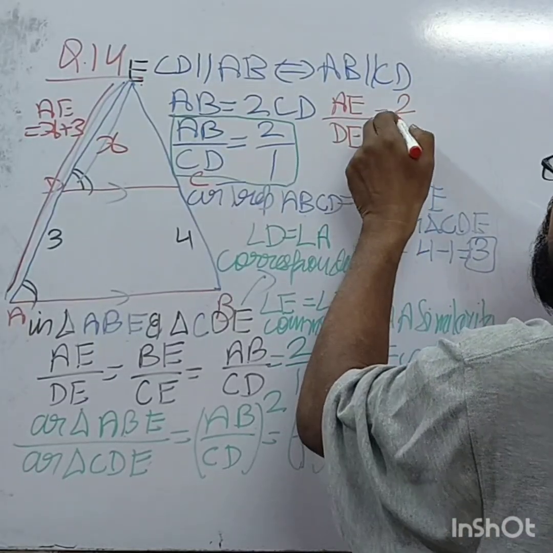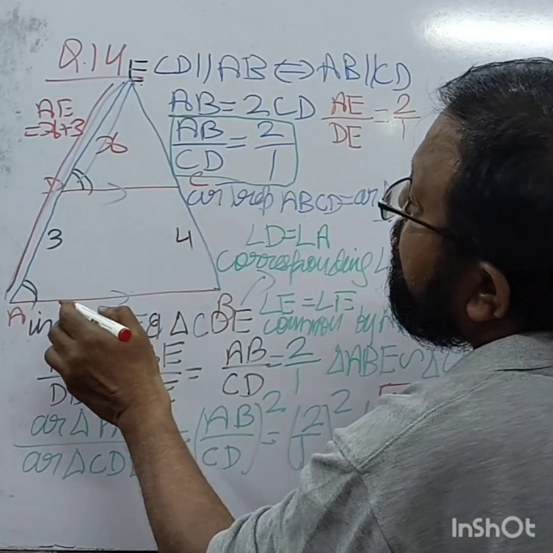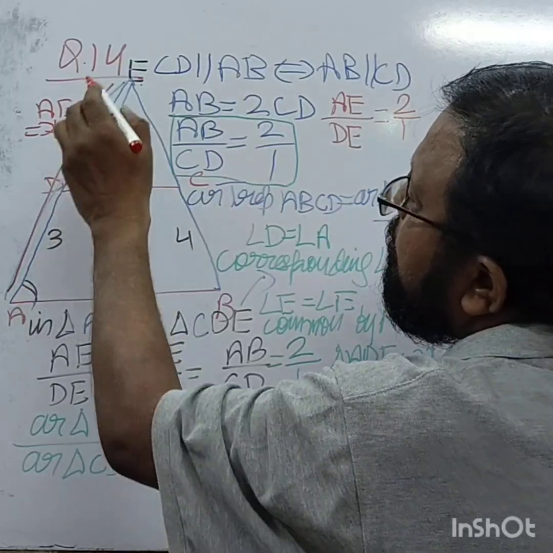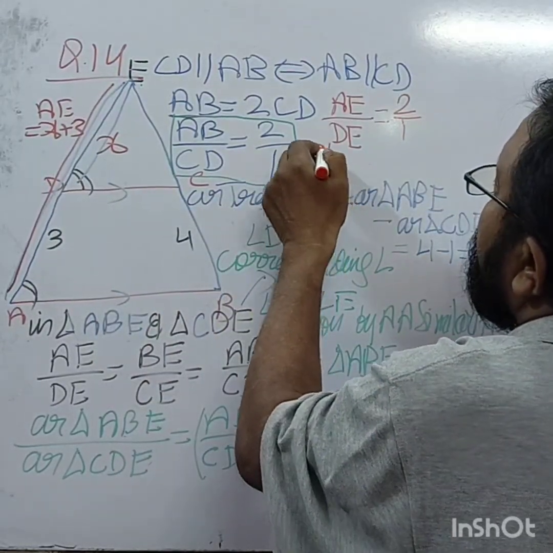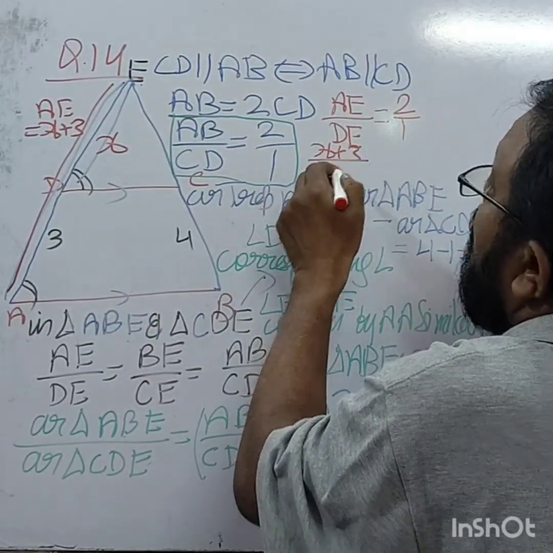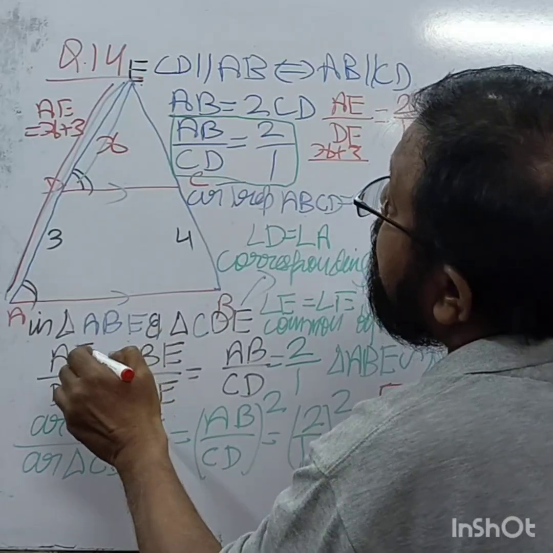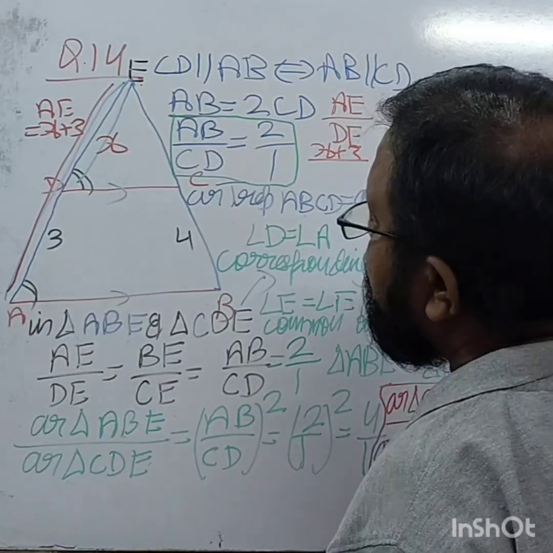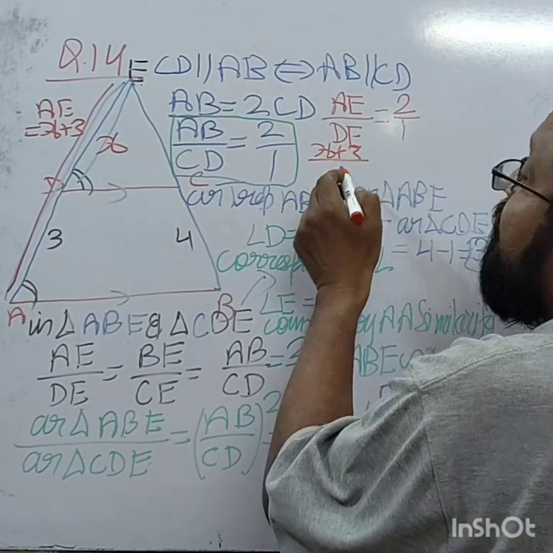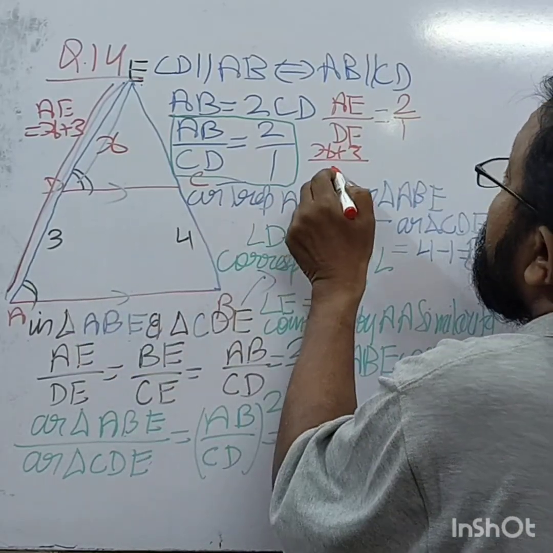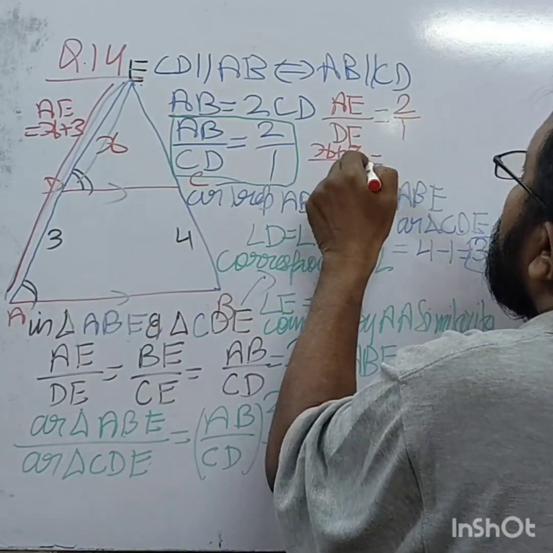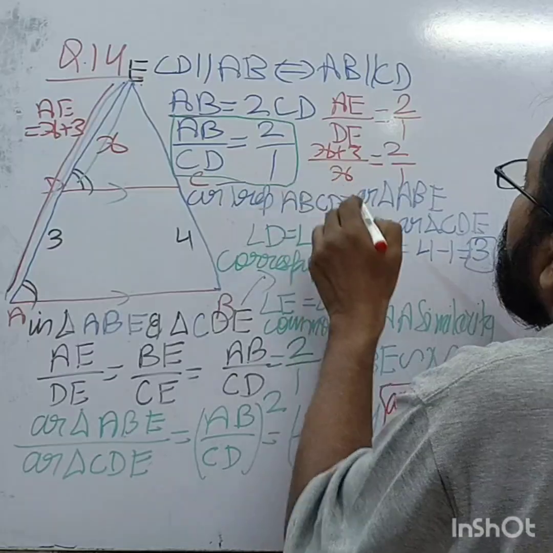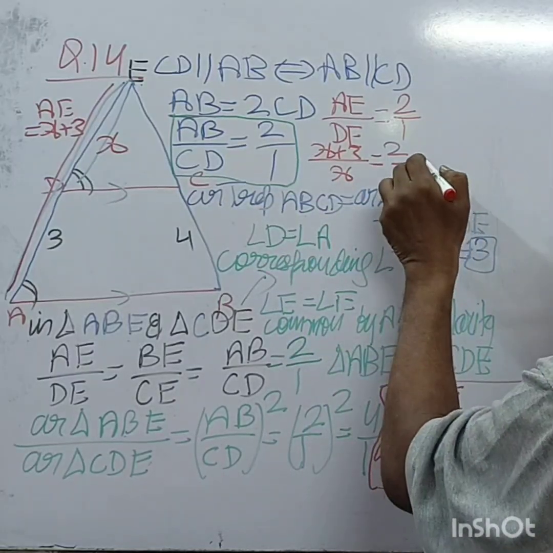AE is X plus 3 upon DE is X, equals 2 upon 1. Cross multiply.